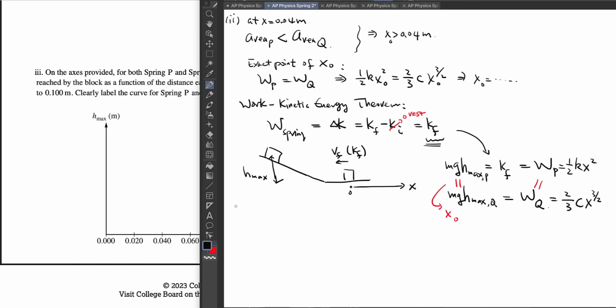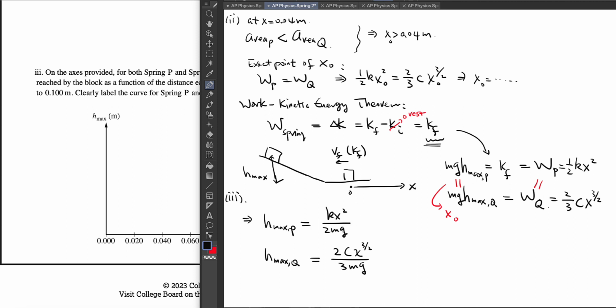So we can calculate H max for spring P, which would be kx squared over 2mg. Now H max for Q would be 2cx to the 3/2 divided by 3mg.